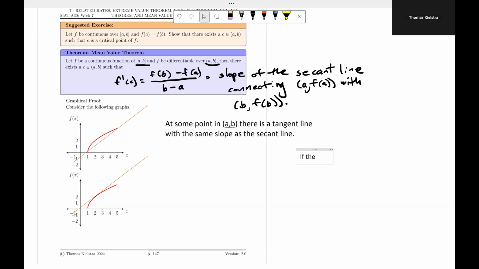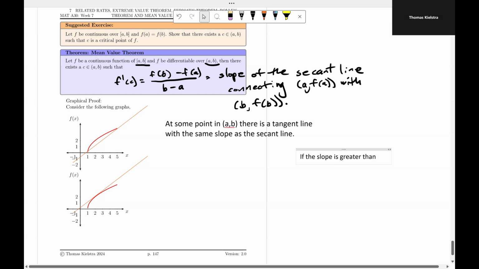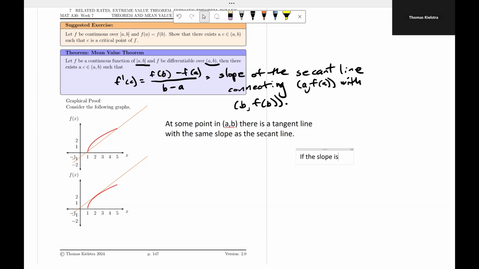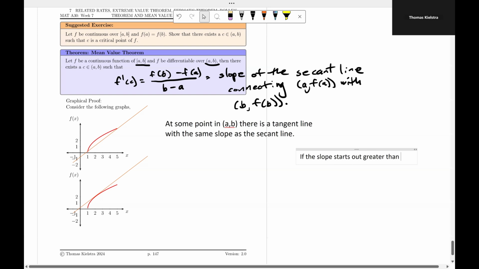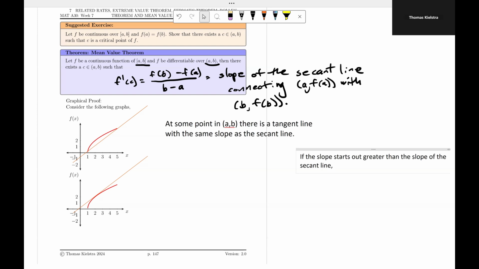If the slope starts out greater than the slope of the secant line, it must at some point become less than the slope of the secant line.